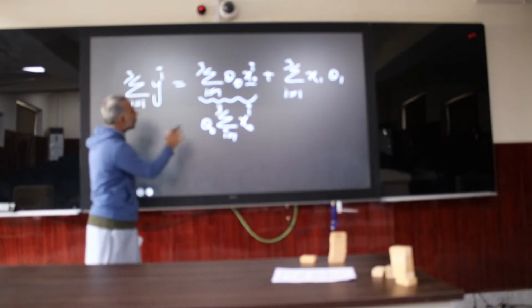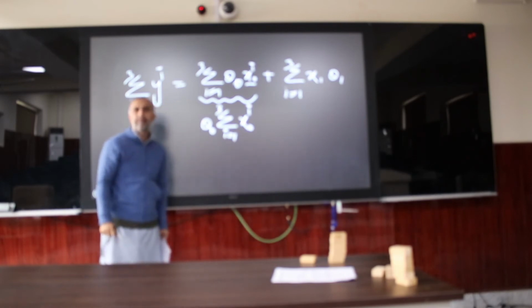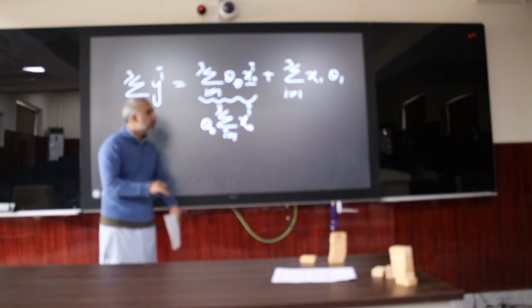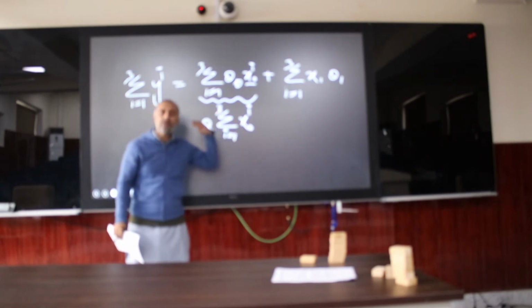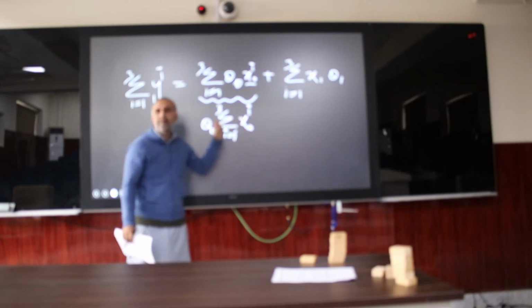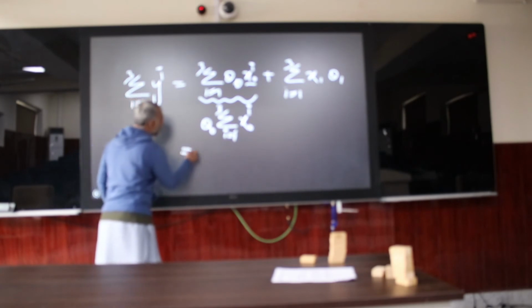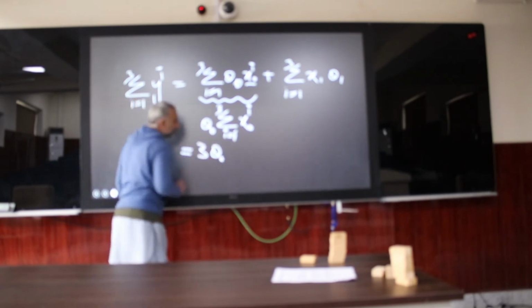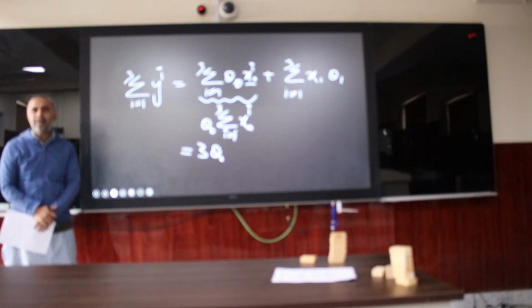My children, what is the value of x sub naught? 1. So how many examples are there? 3. So I mean to say, how many points are there? 3. So 1 plus 1 plus 1, the answer is 3. So you will write 3 theta naught. Okay? Is it clear, please?